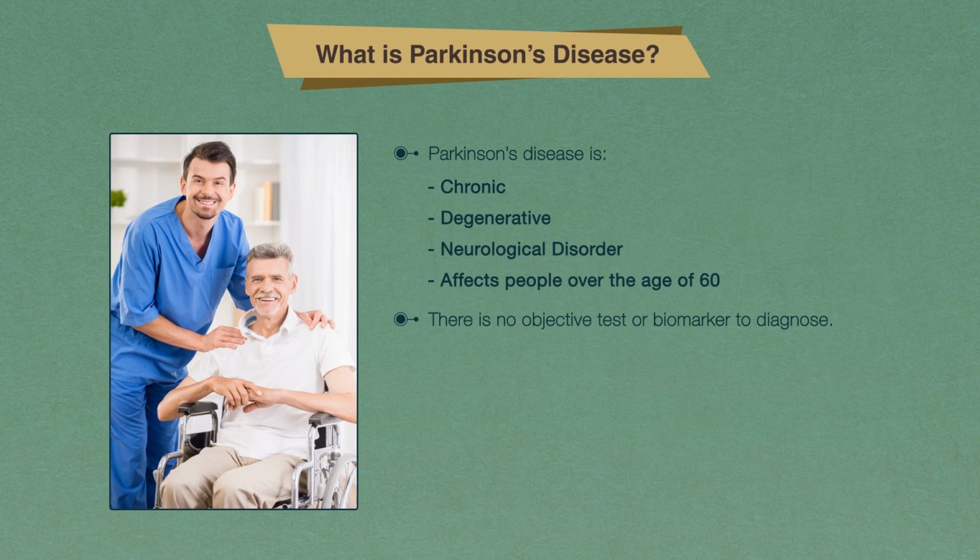Due to this, we can only estimate the number of people living with this disease, but recent research indicates that there are at least 1 million people in the United States and 5 to 10 million people worldwide who have PD.